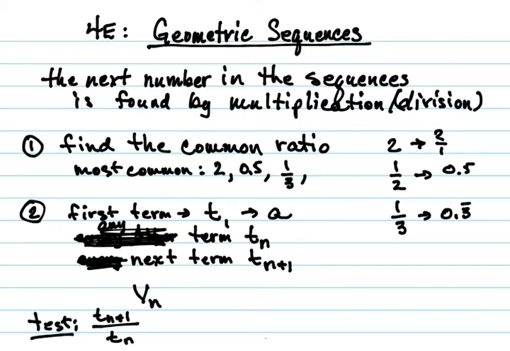So in other words, if I take the third term and divide it by the one before it, the second term, that should equal your common ratio. So you can always test to see if it's a geometric sequence by dividing those two.